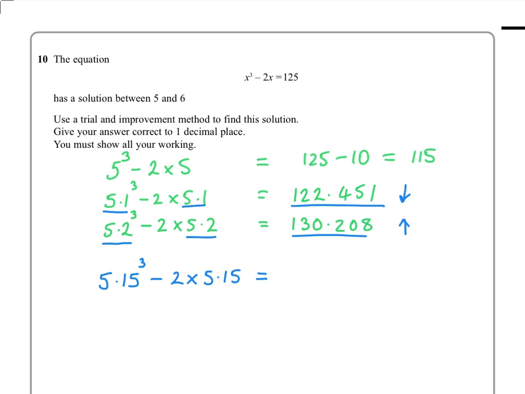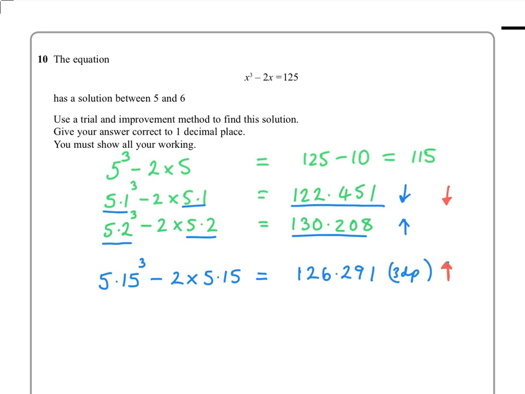So we're going to just go halfway and try 5.15 to the power 3 minus 2 times 5.15, and I get 126.291 to 3dp, which again is a little too much. However, if we know that 5.1 is not enough and 5.15 is too much, then what do you think the answer would be to 1 decimal place?